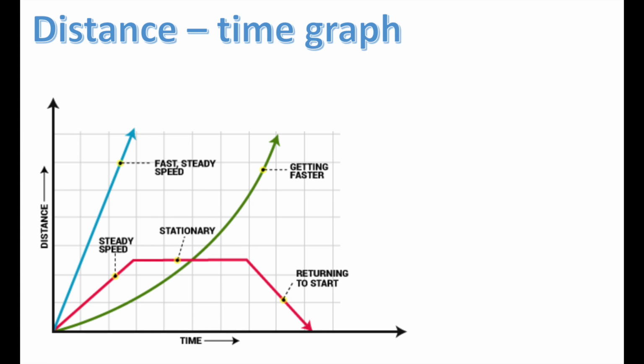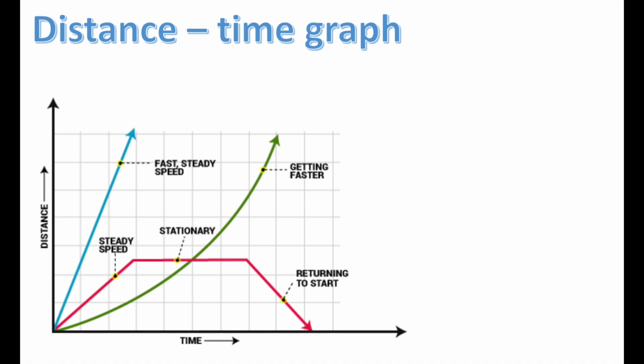Here you can see three graphs, one blue, another green and red. First of all, let us discuss that blue graph. You can see a very high slope for this blue graph. The object is traveling very fast, but the motion is uniform. It's going with very high speed, but it is uniform motion.